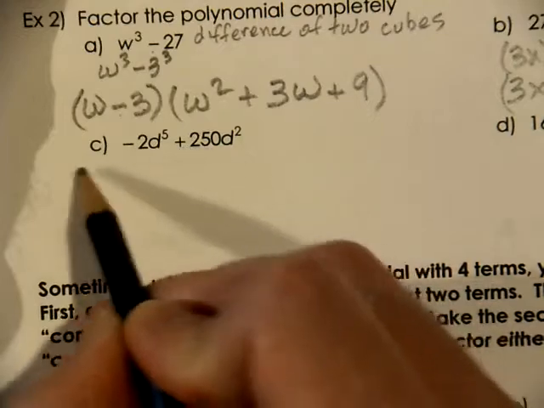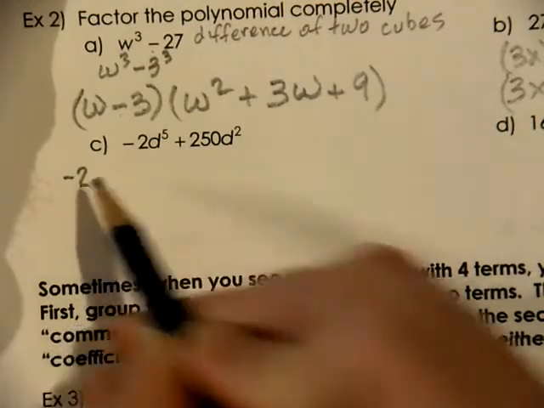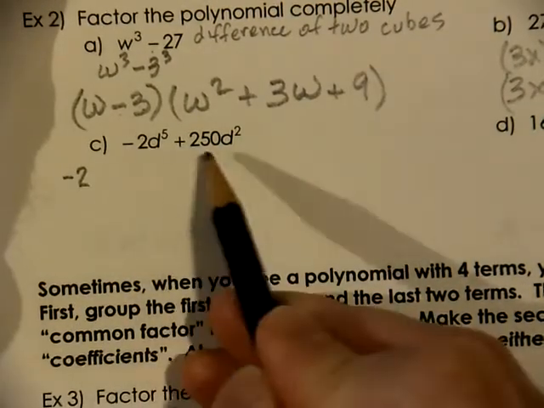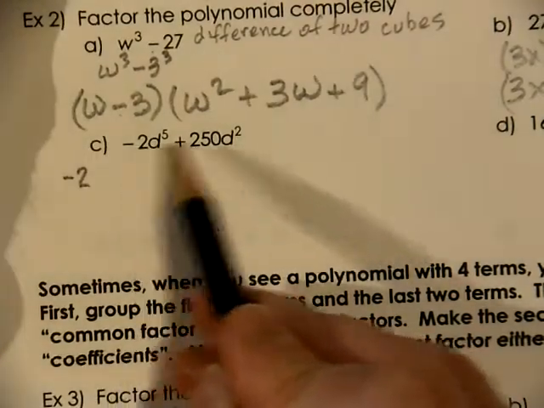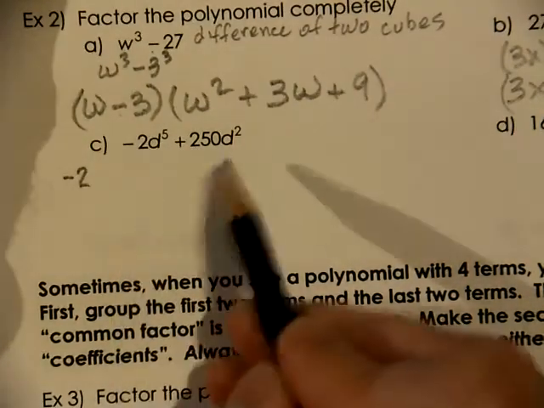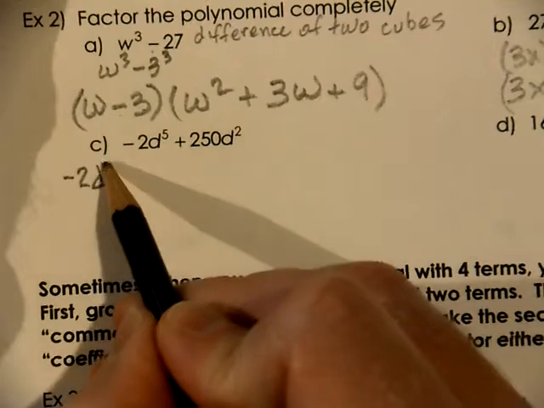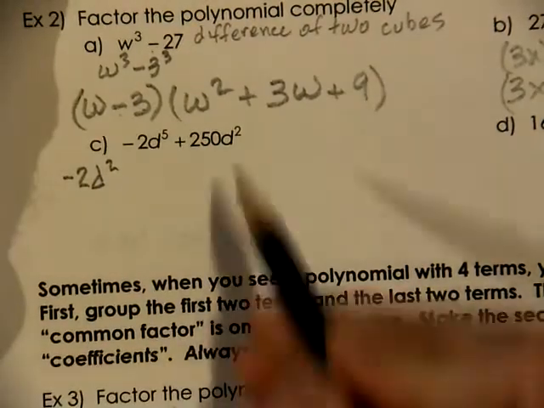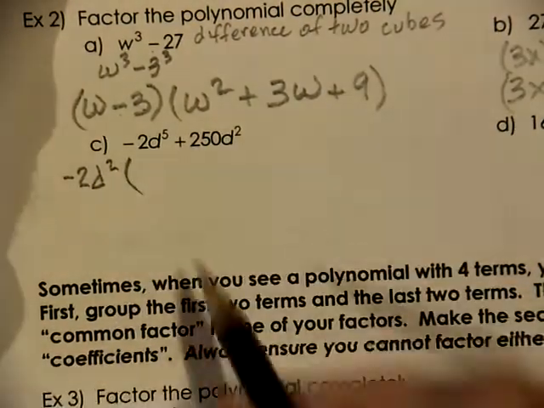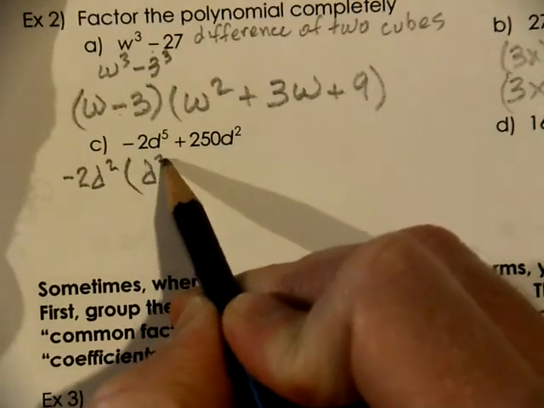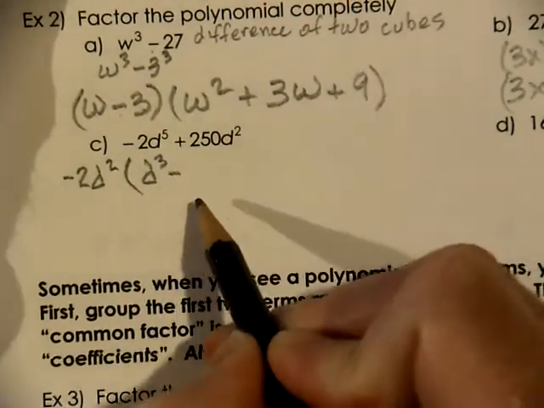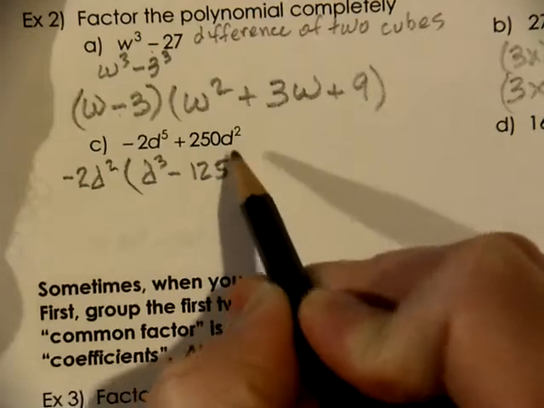Now, when we are factoring here, we want to bring the negative out as your GCF. Notice that both numbers are even, so you know you can bring out a 2. D squared is your lowest exponent, so you can pull that out. So then you're left with D cubed minus 125.